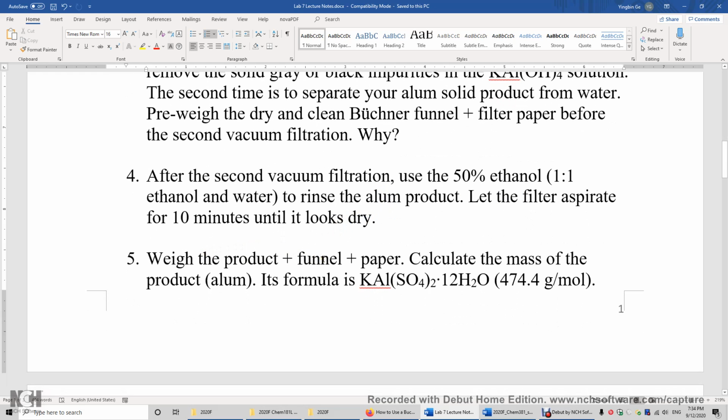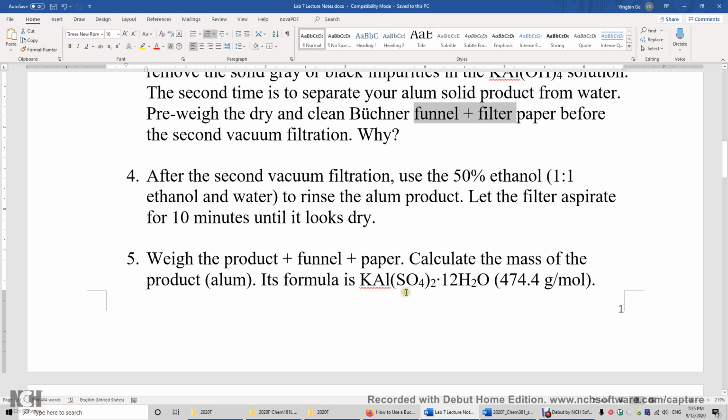So again, after the filtration, after the alum product looks dry, we can weigh the product inside the funnel on the paper, and then this number subtract this number will be the mass of the product.